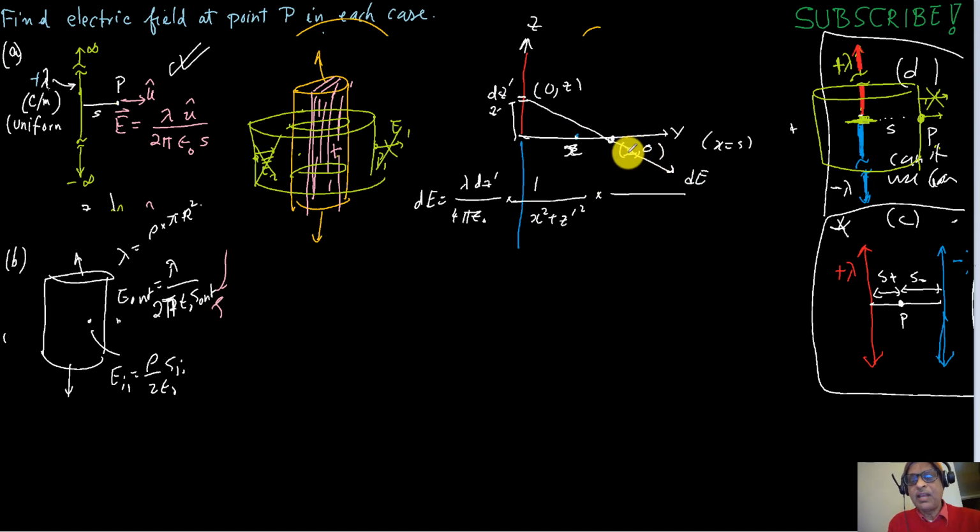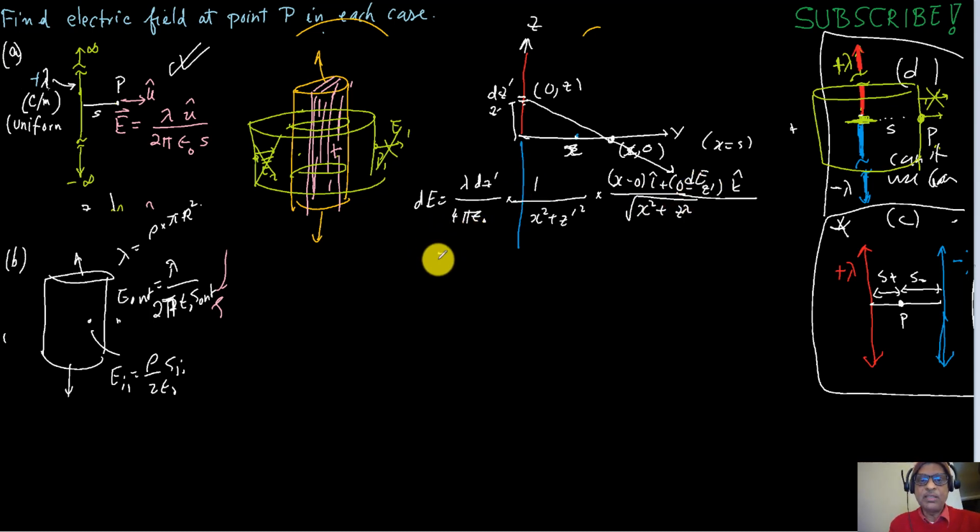The unit vector is from the source to the field, so x minus 0 in the i hat direction, 0 minus z' in the k hat direction, and the length of this is the square root of x squared plus z' squared.